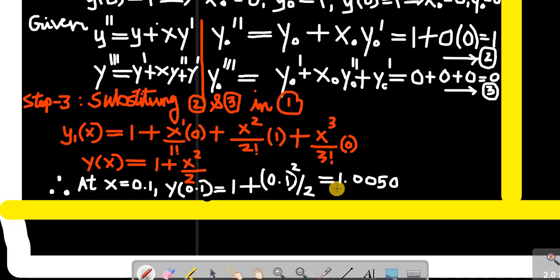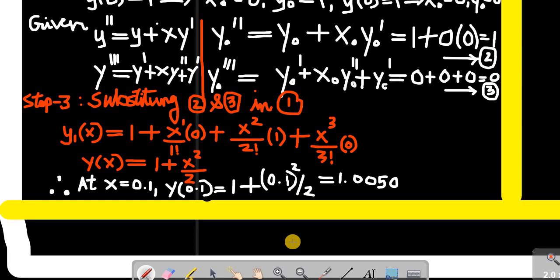Okay, 0.1 into 0.1, square it. So from the calculator I am calculating that and seeing whether it is correct or not. Now I am going to the calculator.